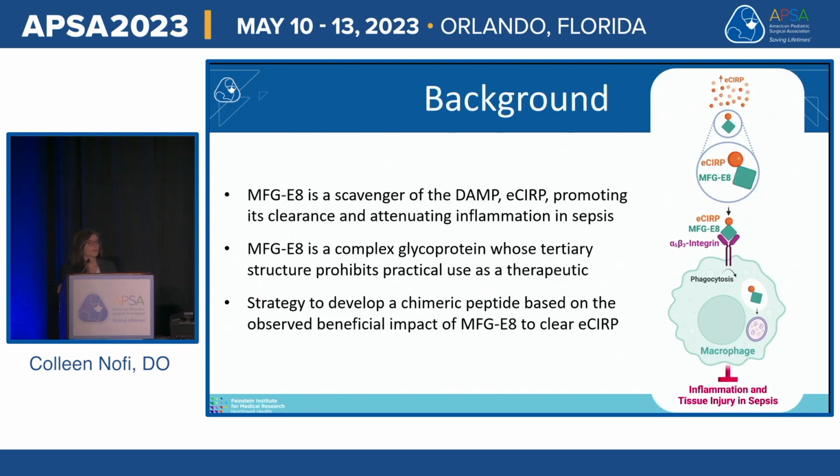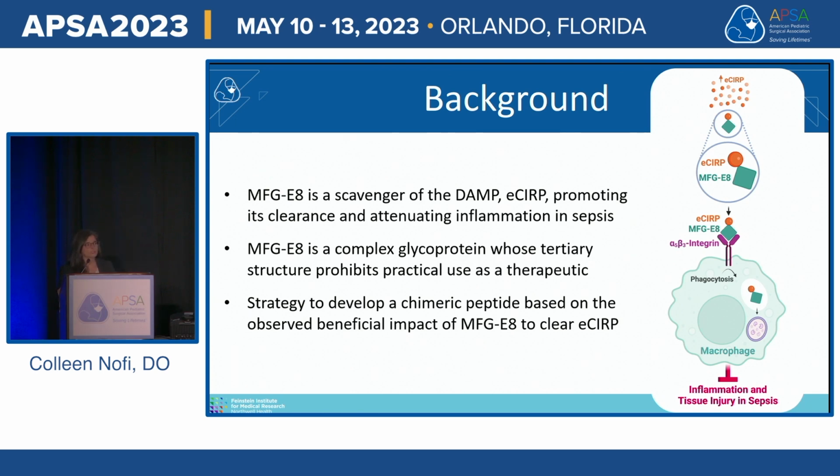Recently, we discovered MFG-E8 to be a new scavenger of the DAMP ECRP, promoting its clearance and thereby attenuating inflammation in sepsis. However, MFG-E8 is a large, complex glycoprotein whose tertiary structure prohibits its practical use as a therapeutic.